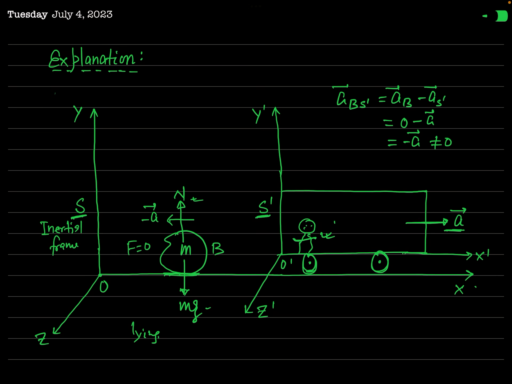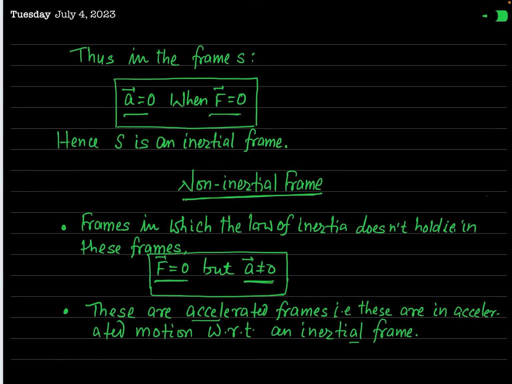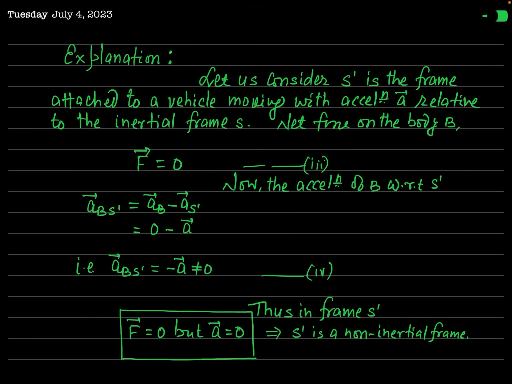Force on the body is 0, but acceleration is not 0. So definitely he will claim that Newton's first law of motion is not valid in frame S dash. And since Newton's first law is not valid in frame S dash, according to the criteria, you can say that S dash is a non-inertial frame.